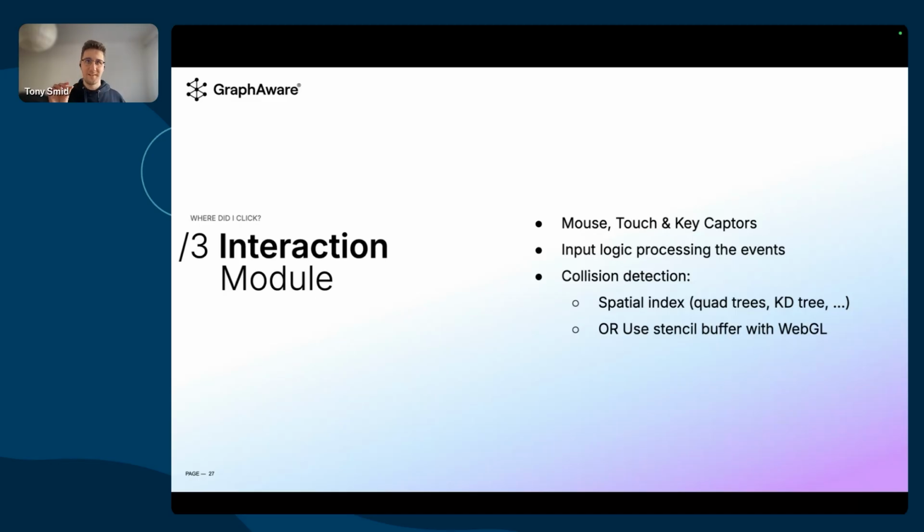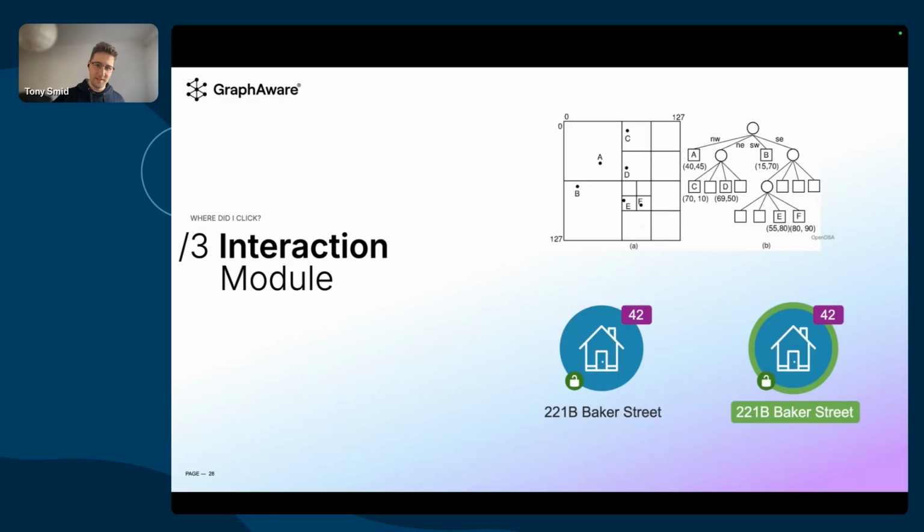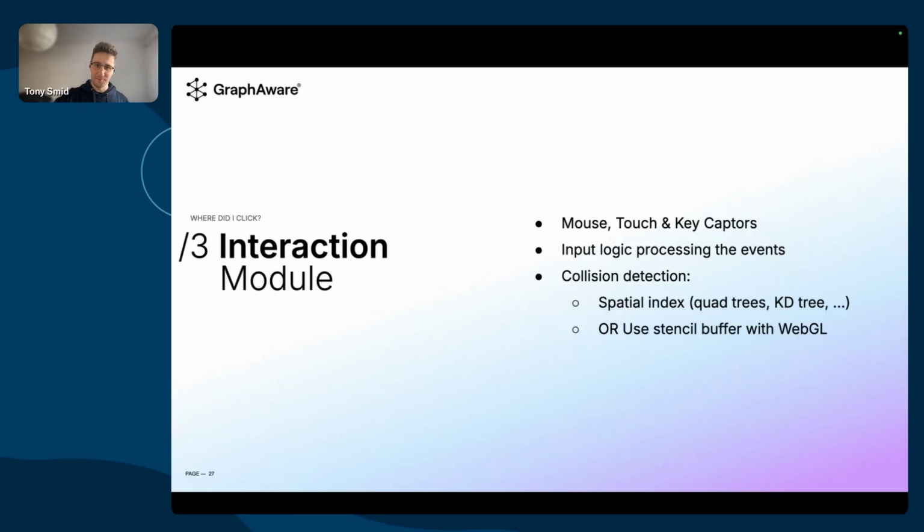But there is one important thing, and that is the collision detection. So imagine you have 10,000 nodes like this, and the node is not just a circle, it has a label, some badges, some different colors, and you want to know exactly where the user clicked. You cannot iterate them, that would be too slow. So instead, you need some spatial index.